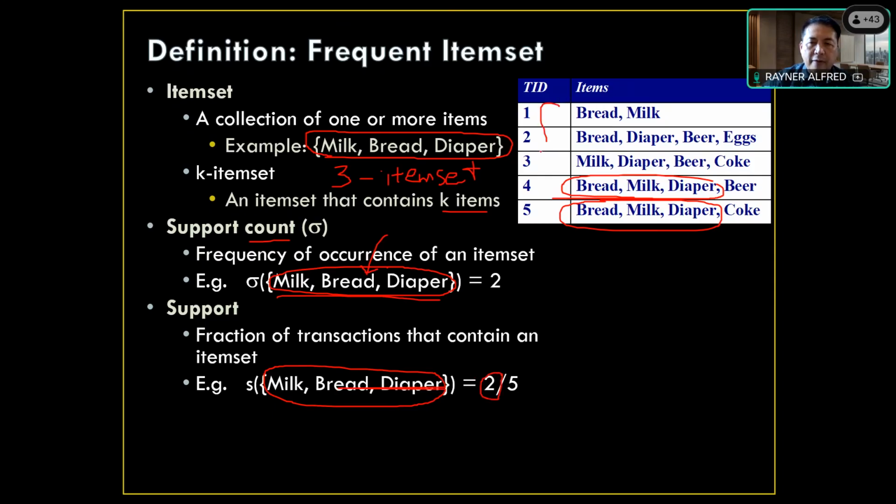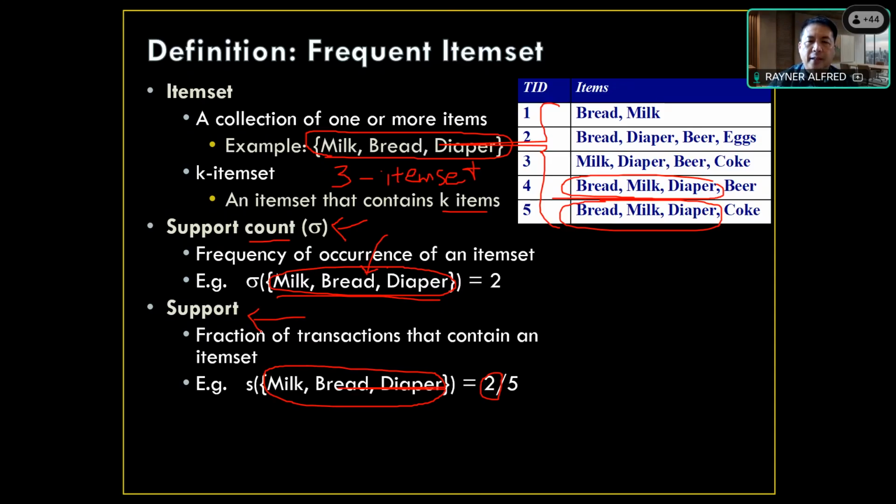So the support refer to the percentage of occurrence of this K item set that we have. So count just give you the number of row, and support will give you the fraction of transaction that contain that particular item set. So in this case, we have 2 over 5.